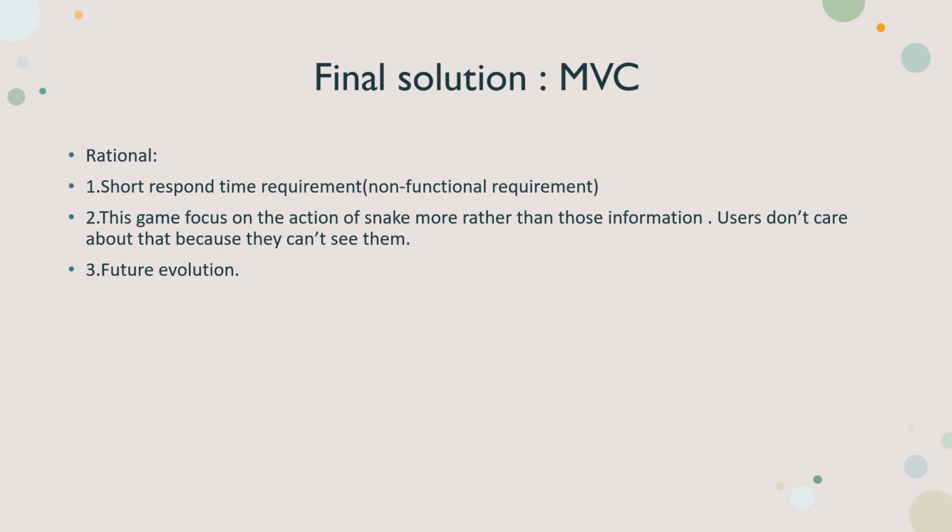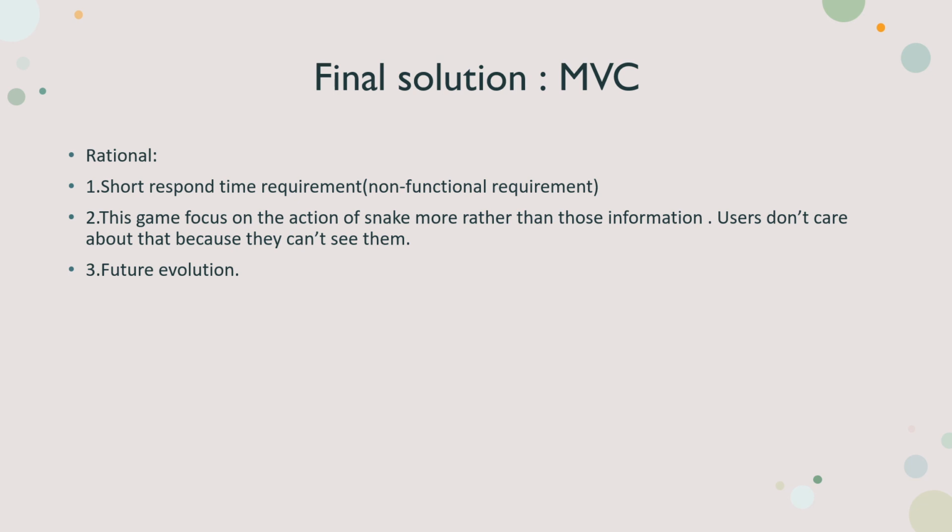If using Blackboard, there are 3 steps for the system to do after receiving a key event from the keyboard. First, the system tries to access the database, then gets the needed data or changes data, then the system gives a response based on those data. But for MVC, it only has two steps: key press, and then the system can make a response. The accessing to the database is redundant and slow.